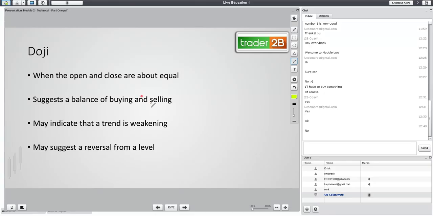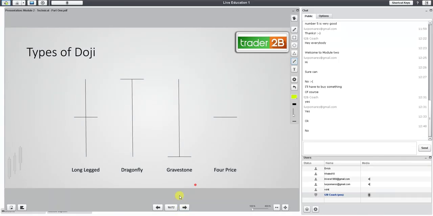No. Okay. So, dojis. Dojis are candles where the open and close are about equal to one another. These essentially suggest that there's a balance of buying and selling taking place in the market, and it may indicate that a trend is weakening. It may suggest a reversal from that level as well. So there are several different types of dojis that we can take a look at.